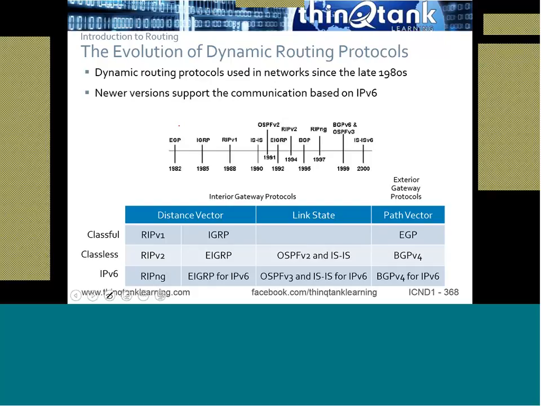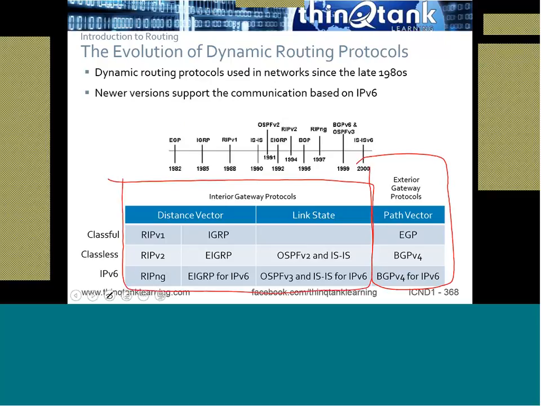Now you also notice that we have different classifications for our protocols. We have a box over here that represents what we call exterior gateway protocols, and we have a box over here that represents what we call interior gateway routing protocols.